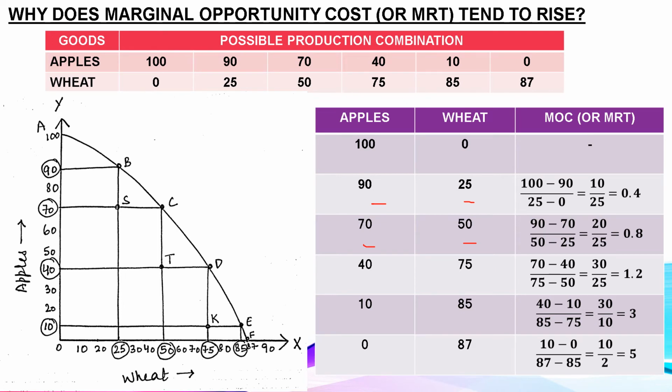And for apples equal to 0 and wheat 87, 10 minus 0 upon 87 minus 85, equals 10 upon 2, equals 5. So here we can see that MOC is rising, or it is increasing: 0.4, 0.8, then 1.2, then 3, then 5.